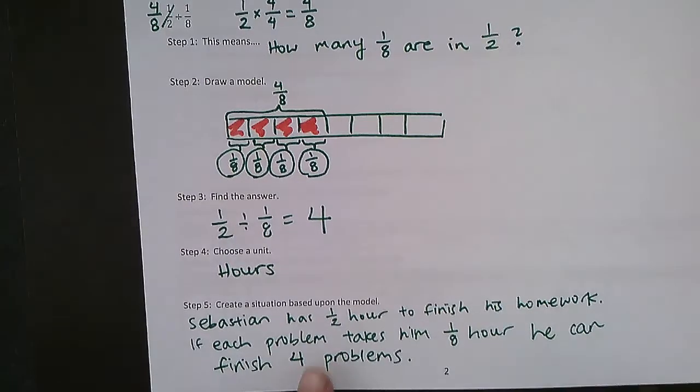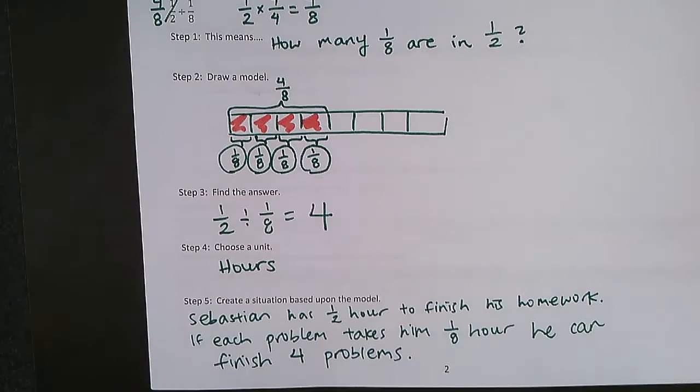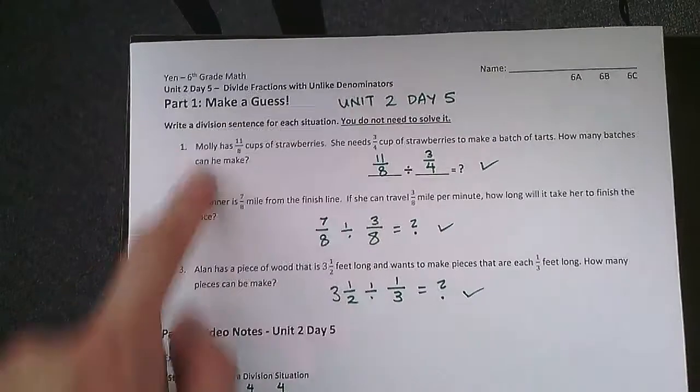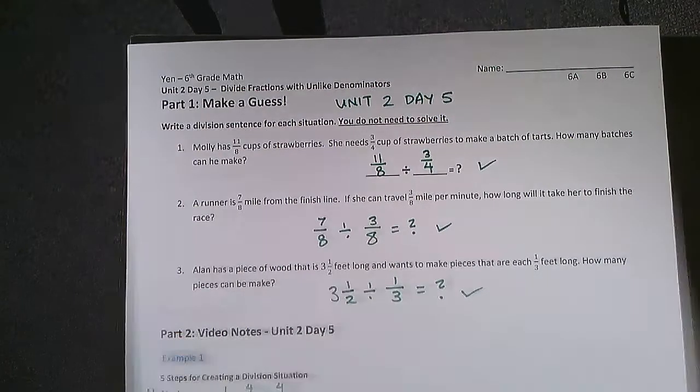Right, this is a situation that can be represented by this diagram. So this is just one example of a situation that you could write. Other types of situations are these right here. You can look at those as well.